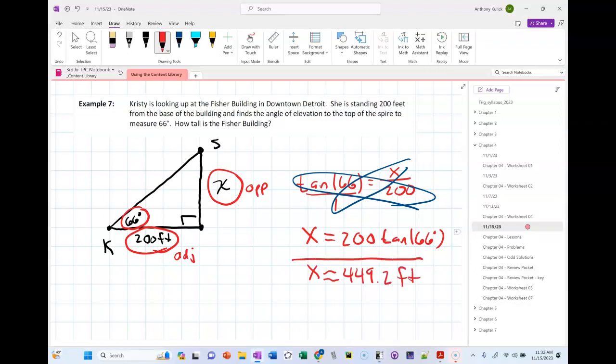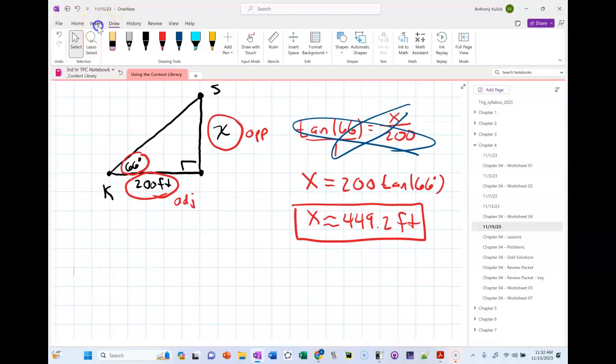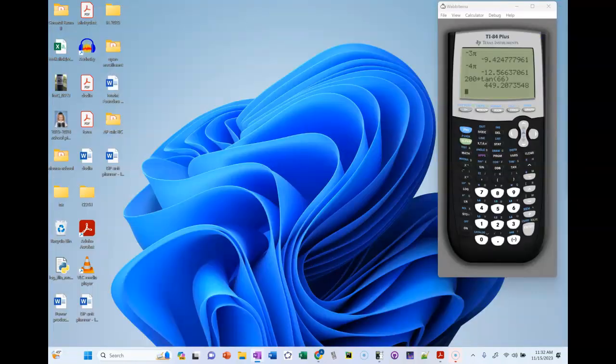And the unit there should be feet because the 200 was in feet. How do you guys feel on that? Is that okay? No big deal. Right, let's do another then.